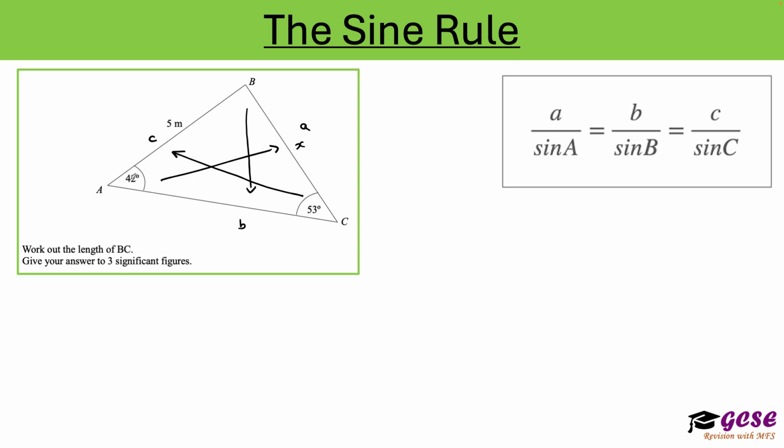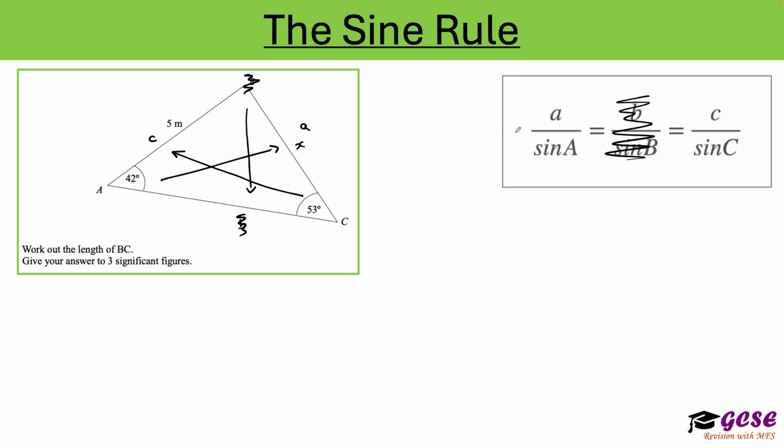We've got capital A and lowercase a. We know the angle and a is an x, so we have to keep A. B, we don't know the angle and we don't know the side, so B is completely irrelevant in this case. C, we know the angle, and c, we know the side. So we're going to cross out B, and we're going to cross out B from the formula again.